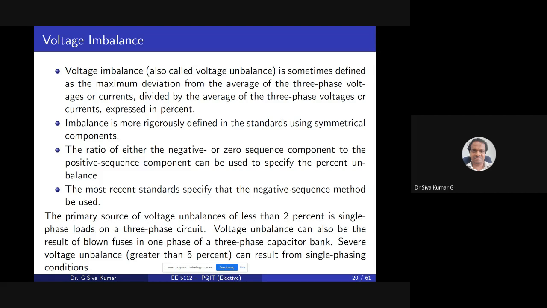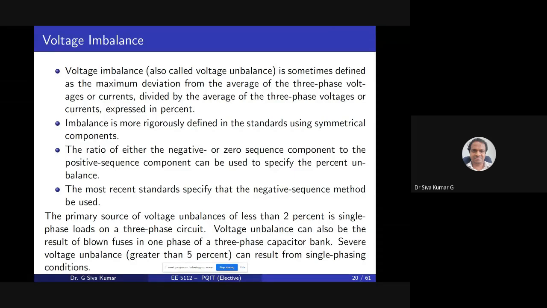In the sense that we convert the unbalanced system into a positive sequence component, a negative sequence component, and a zero sequence component. These are systems which are balanced. The advantage, as you all know from your earlier level, is that we can do the analysis by considering a single phase system or a single line diagram, once you convert the three phase unbalanced system to a balanced system.